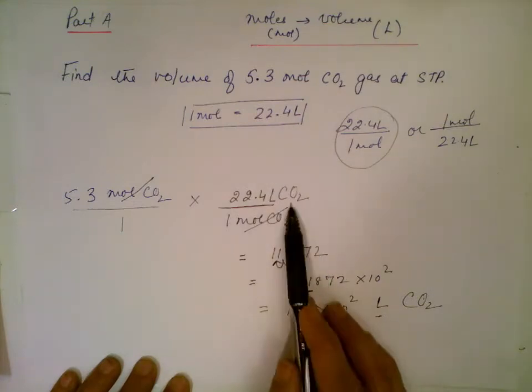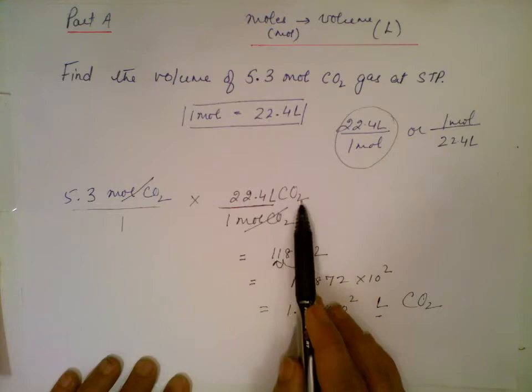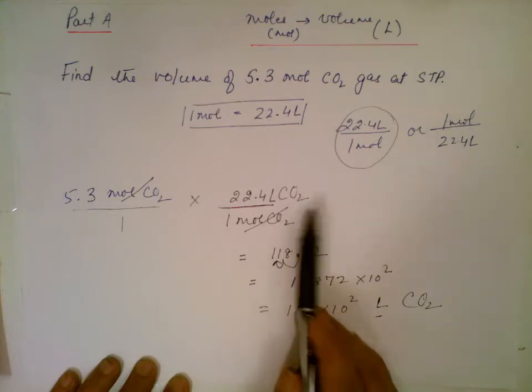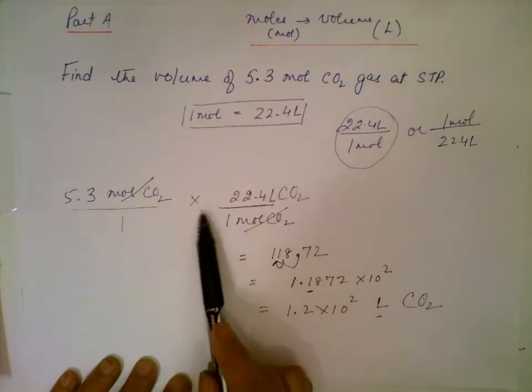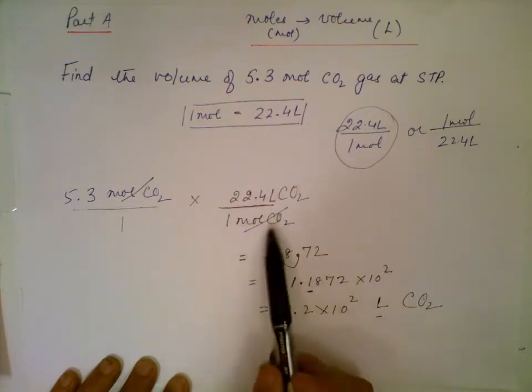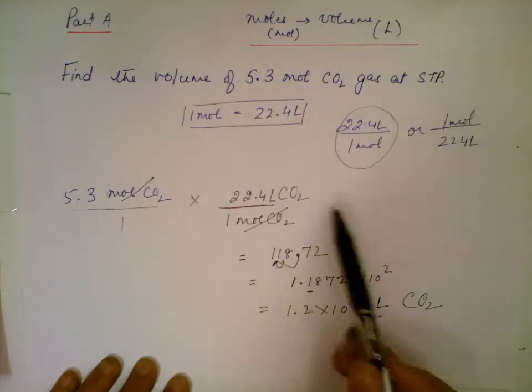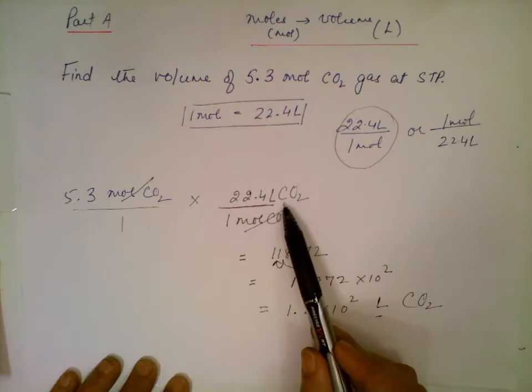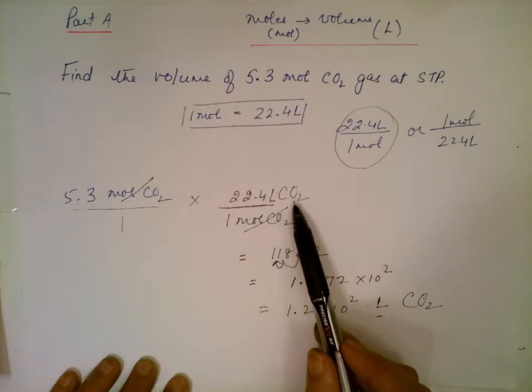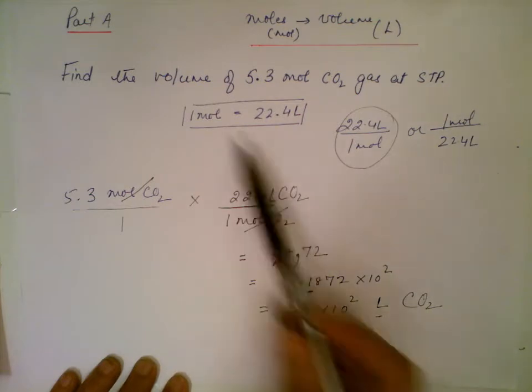Now, if you're asked why you multiply by molar volume and not divide, you would say you multiply because this cancels out the unit that you don't need. We don't need moles. And this leaves the unit that we actually need in the final answer. What I needed was liters, the volume.